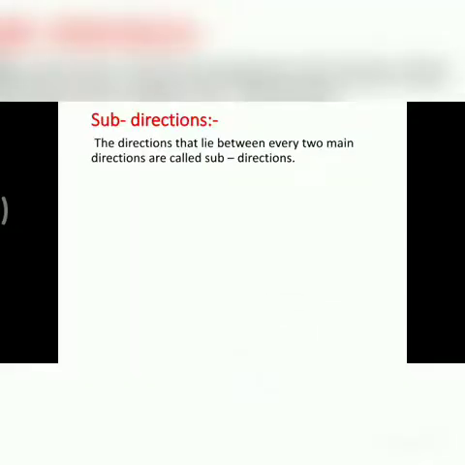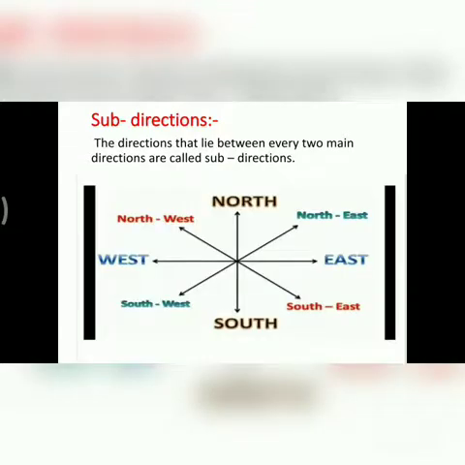Now as we have learned main directions, we are going to learn the sub-directions. First, let us understand what sub-directions are. The directions that lie between two adjacent main directions are called sub-directions.